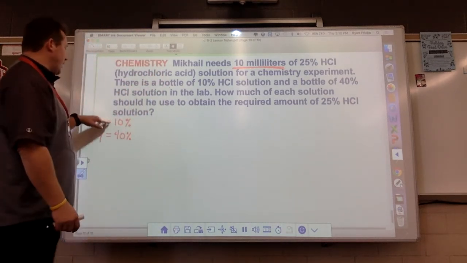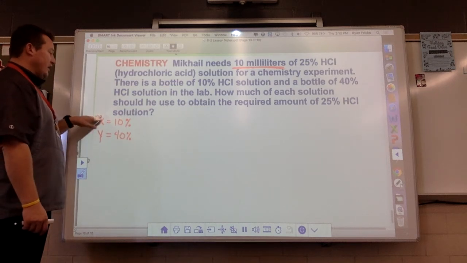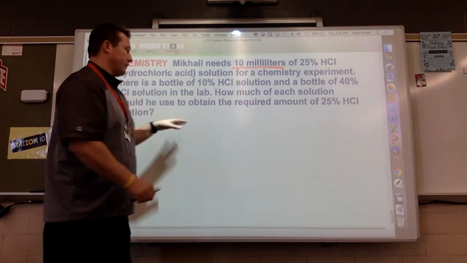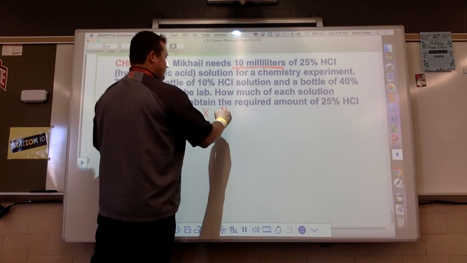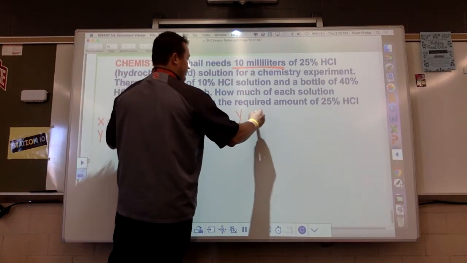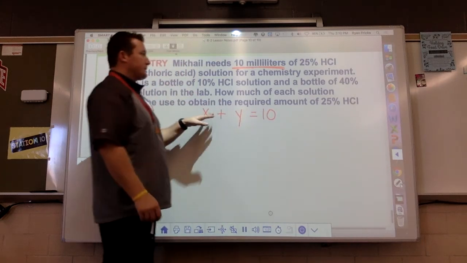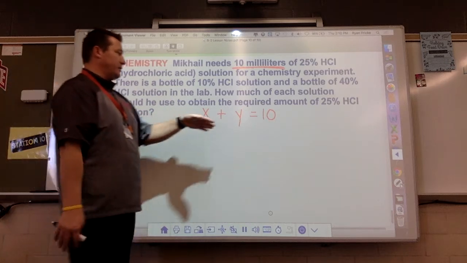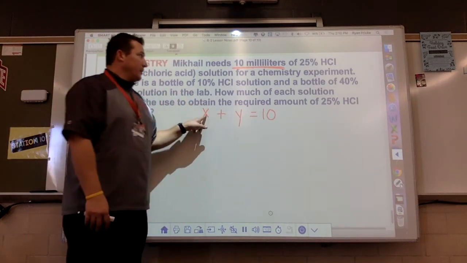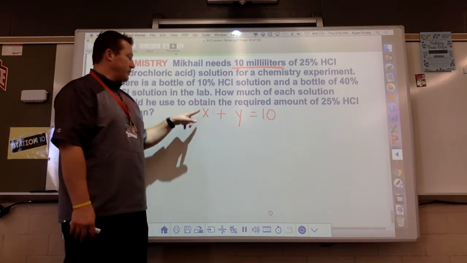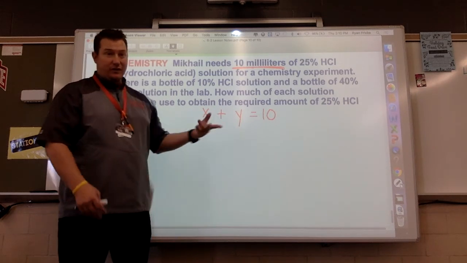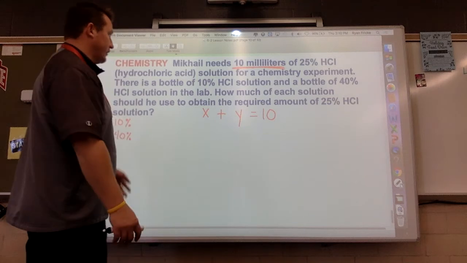But we know there's some amount of 10% and 40% in milliliters, so I want x's and y's that will add up to 10 milliliters. Like maybe 1 milliliter here and 9 here. Maybe 2 and 8, 3 and 7, 5 and 5, 6 and 4, 7 and 3. Look, we've gone through almost all the combinations, okay?